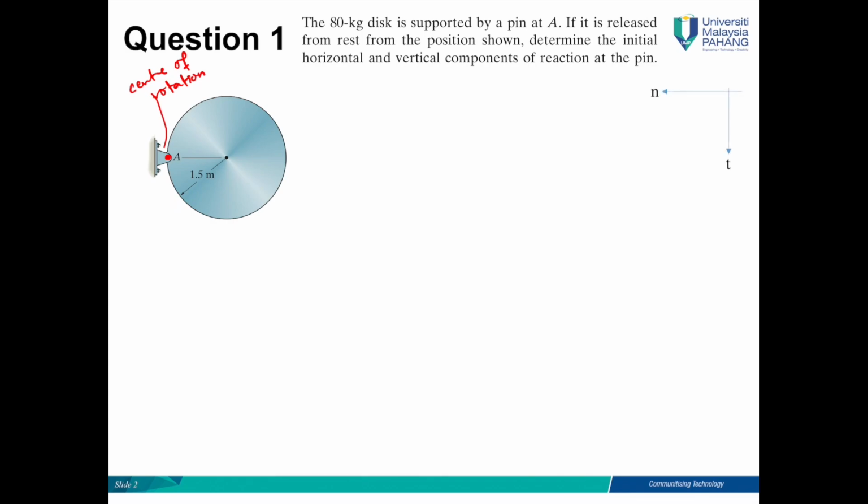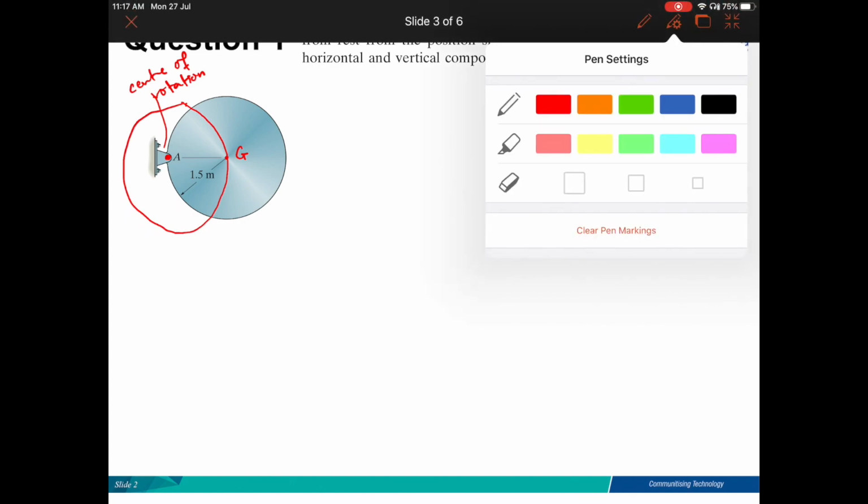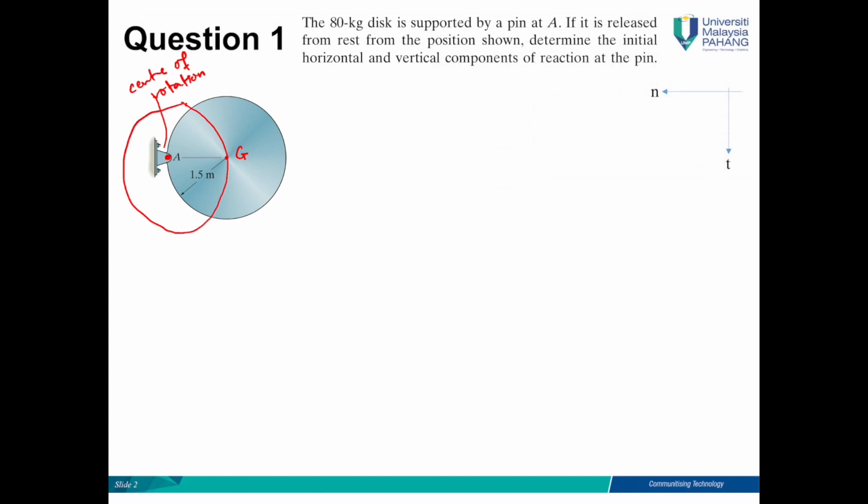So let's start by defining the coordinate system. If you imagine this is point G over here, point G will be having a circular path about point A, and the tangent to this path is here.